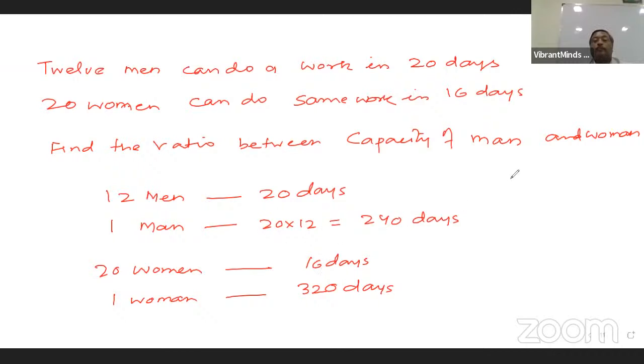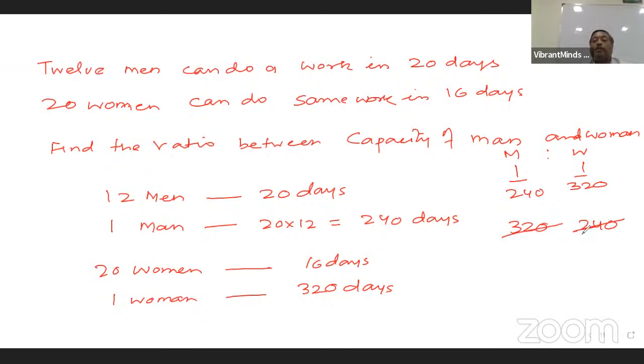So what will be their efficiency? For man it is 1 by 240, and for woman 1 by 320. Cross multiply. So man will complete 320 units, and woman will complete 240 units in the same time.